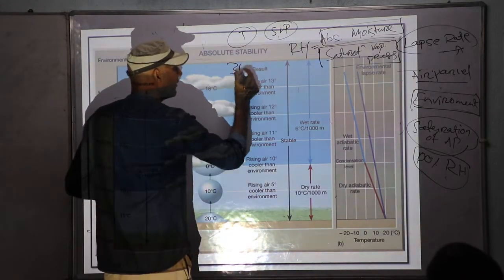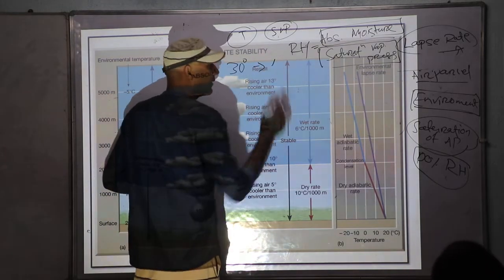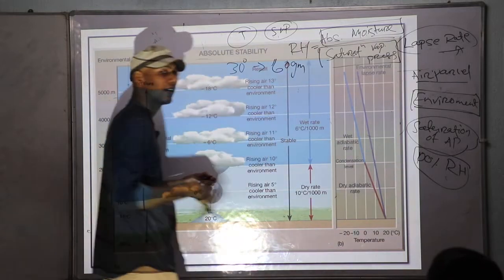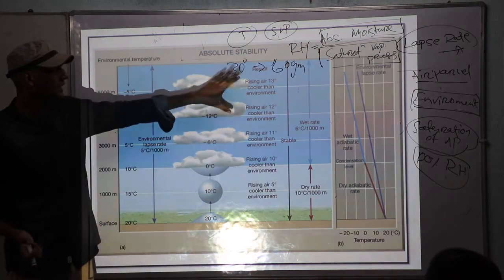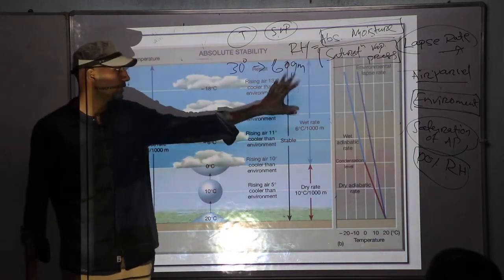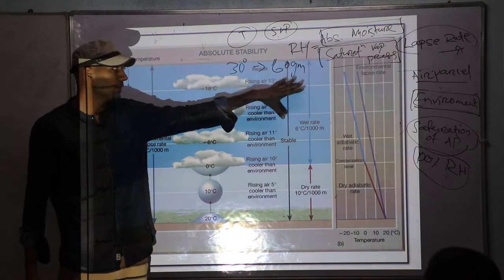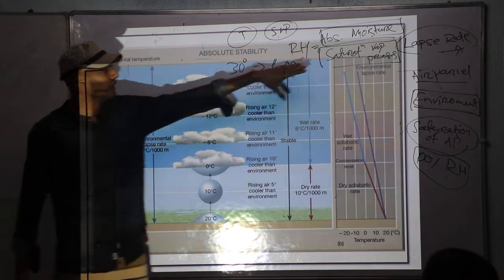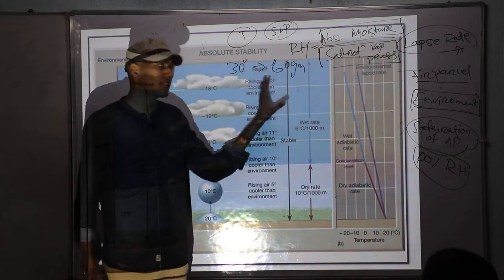Let's say 30 degrees. For example, if the air parcel has 60 gram moisture, then it will become saturated. That means at 30 degrees, if it contains 60 gram vapor, then we will term it as saturated.